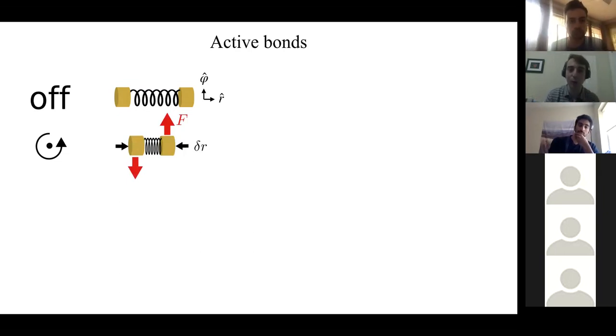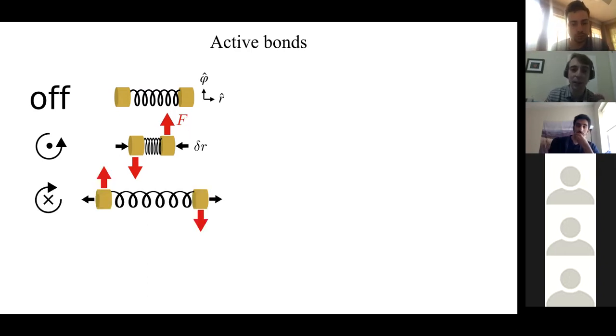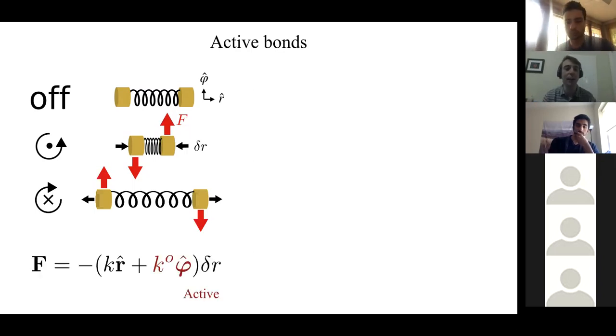A normal spring would push back along the bond vector, but here the force is transverse. Again, when you elongate, the force is still proportional to the change in length, so the direction flips. We can represent this by this equation. And unlike a Hookean spring, which just has one parameter, the stiffness K, there's an additional spring constant K0 that sets this transverse force.